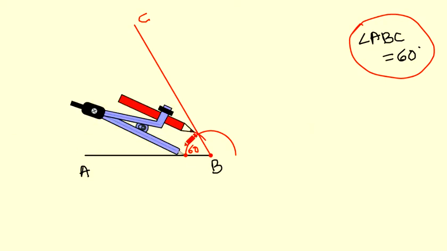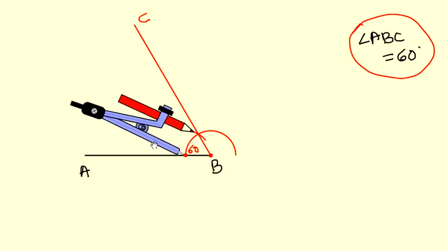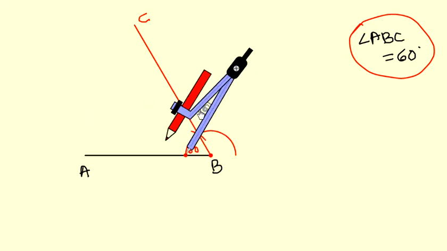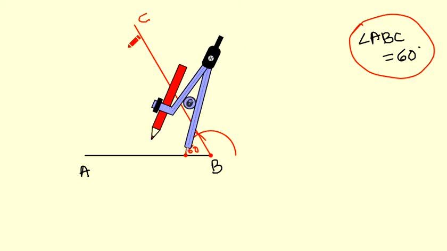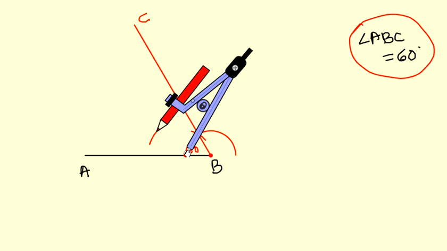So again we have to take this compass. This 60 degree angle is formed with line AB and line BC. Whenever we bisect any angle, at the base and the line with which the angle is formed, we take center on both and cut arcs. So first take this as center, and with any radius cut an arc. You can also change the radius. So just taking radius here, then cut an arc. From the base we have taken an appropriate radius and with that we have cut an arc.